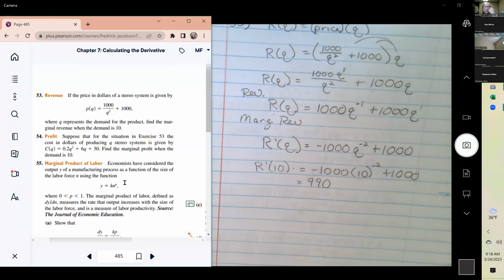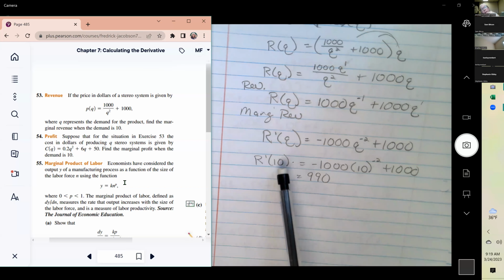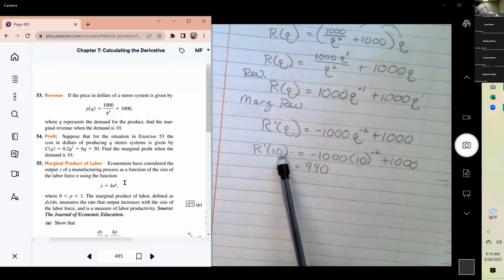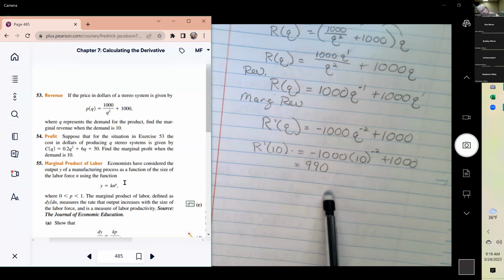Everyone getting 990? So when 10 are produced and sold, the 11th one will bring us $990. It will increase revenue by $990. Any questions on that?